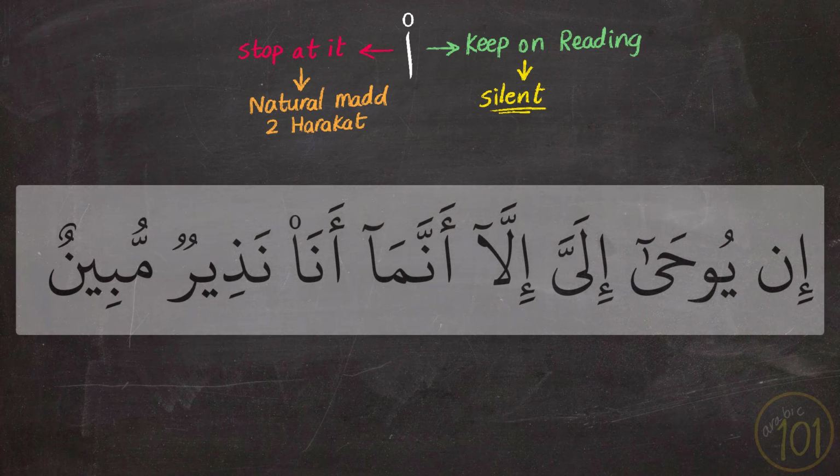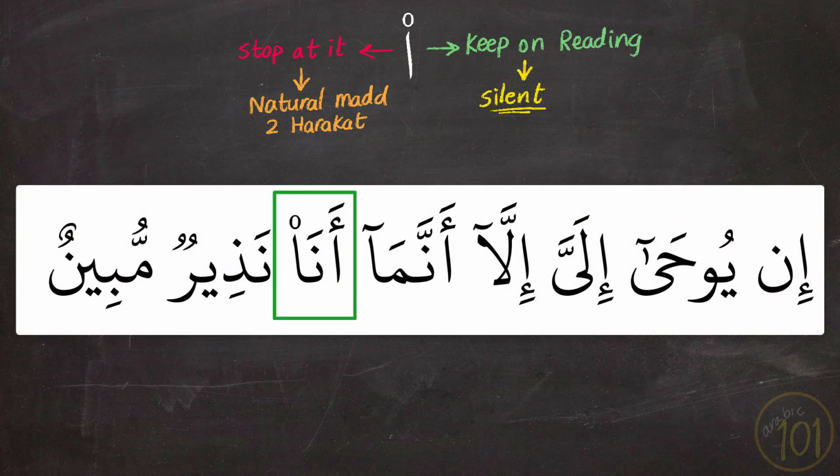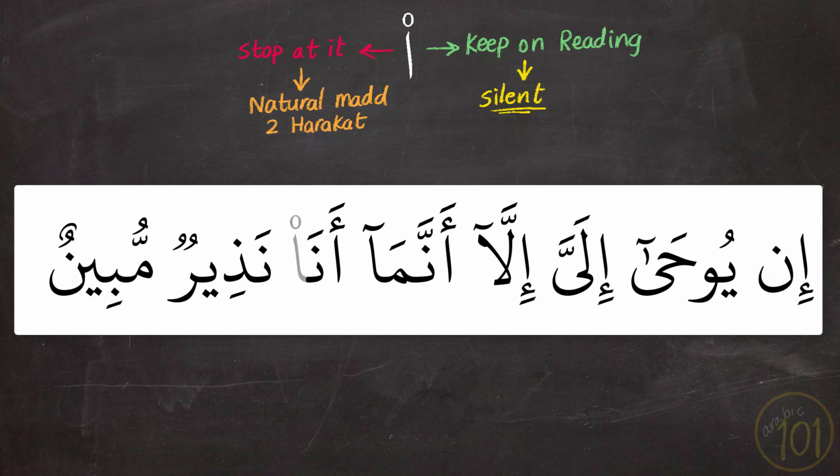And this symbol is also very commonly used on top of the word أنا, like in this example. إِن يُوحَى إِلَيَّ إِلَّا أَنَّمَا أَنَا نَذِيرٌ مُبِينٌ. Here I dropped the alif because I kept on reading.